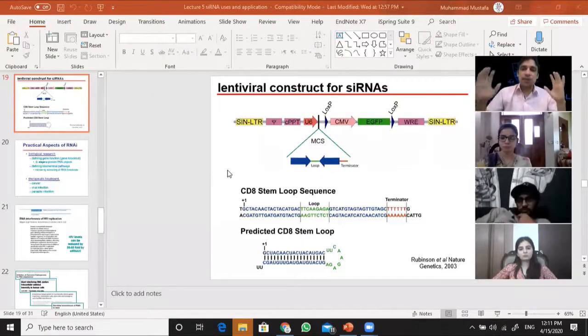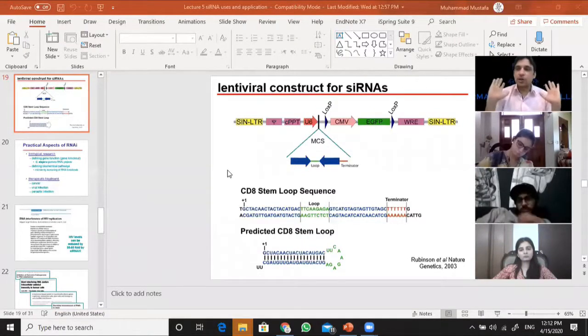That is everything we want. The cellular machinery is blind. Dicer is not able to distinguish the source of the nucleic acid. It is just designed to chop any nucleotides out there.